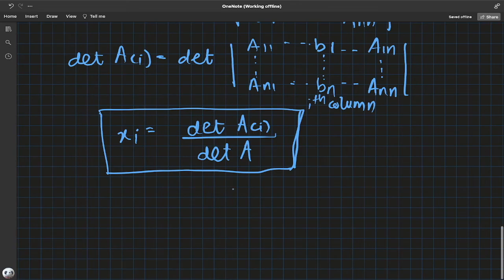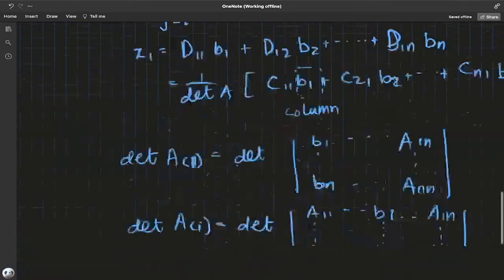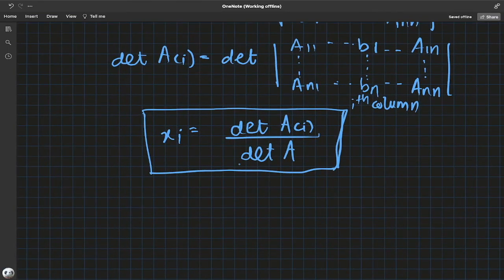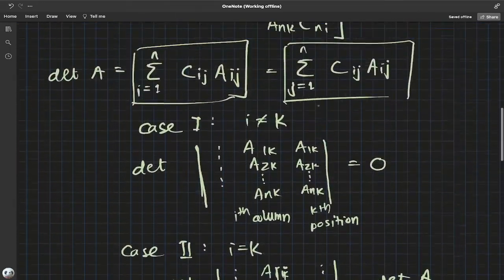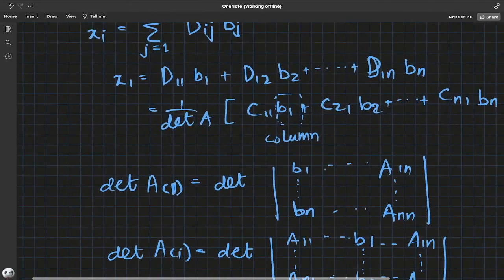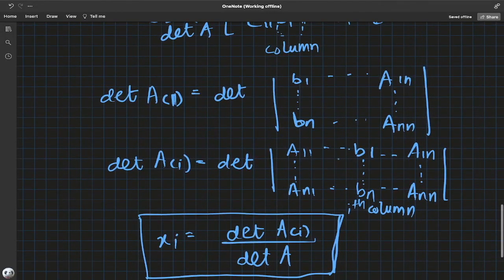This is Cramer's rule. Classically it's not really that important, except it feels more natural when we do it this way, because that's how we actually define this inverse, by using this observation of a determinant of a modified matrix where we replace the columns.